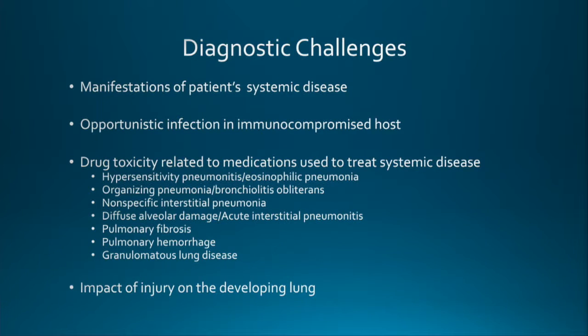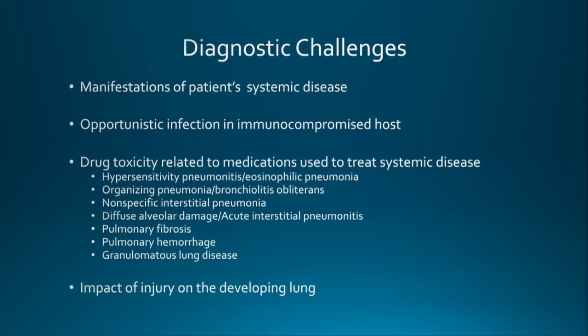Next slide. So the diagnostic challenge when you're looking at the pathology of these patients with these disorders is that you're likely looking at multiple different factors involved. Certainly manifestations of the patient's systemic disease process, but also likely concurrent or superimposed opportunistic infections, and then, of course, the issue of drug toxicity related to the medications that these patients are on.